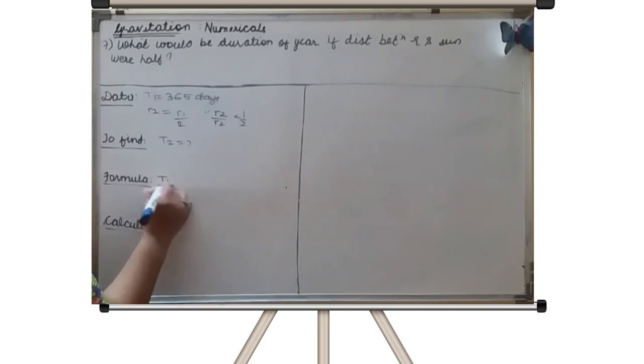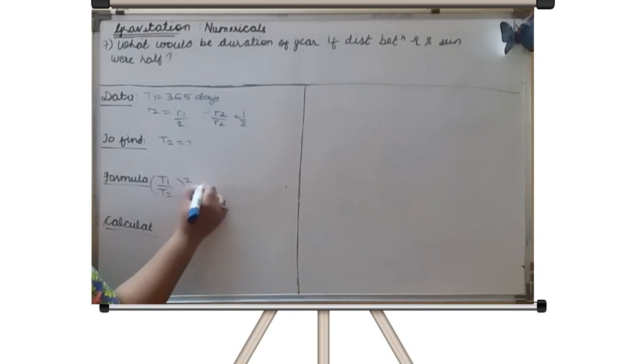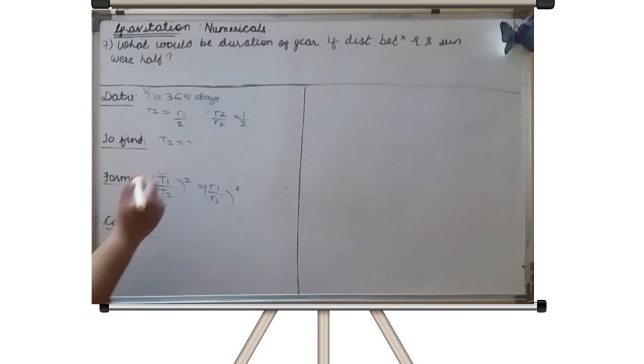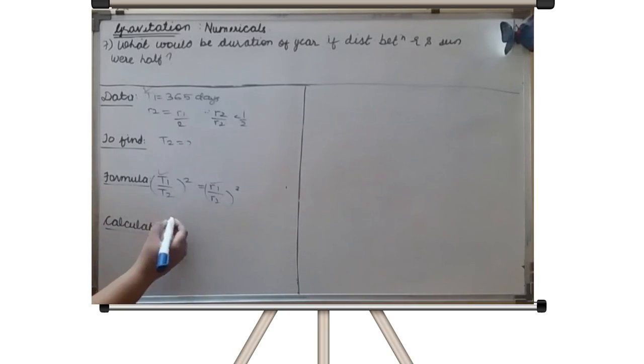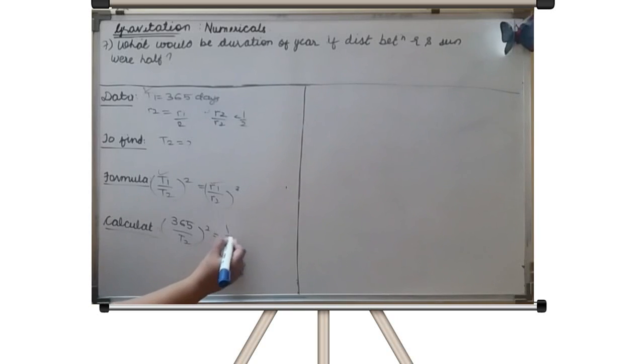What is the formula? (T1 upon T2) the whole square is equal to (R1 upon R2) the whole cube. We have got T1, R1 and R2. So let us substitute. (365 upon T2) the whole square is equal to (1 by 2) the whole cube. So this becomes (365 upon T2) the whole square is equal to 1 by 8.